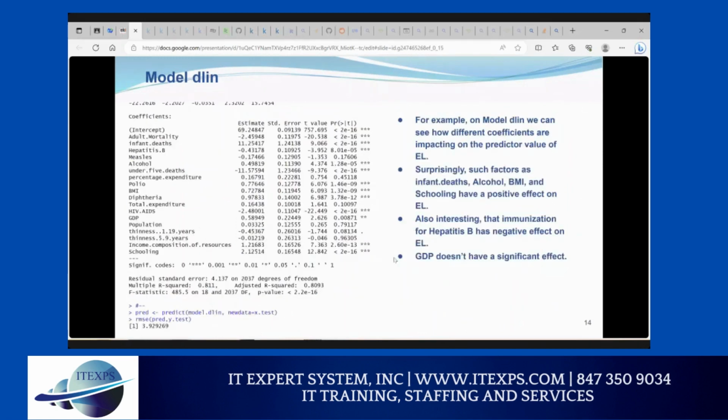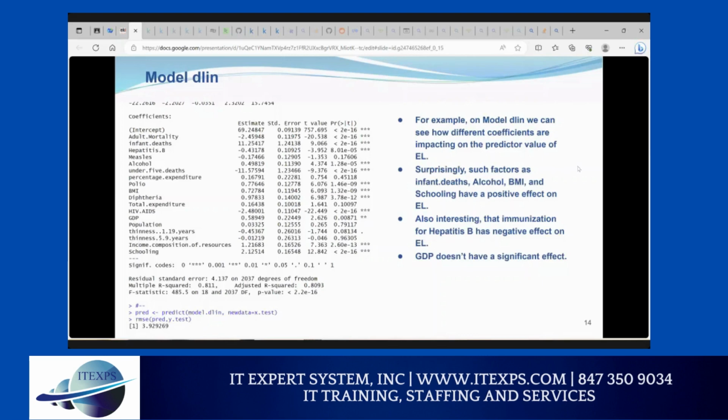And the fun part, we can see how it reflects on life expectancy. An interesting fact is that infant deaths, alcohol, BMI, and schooling, of course, have a positive effect on life expectancy.